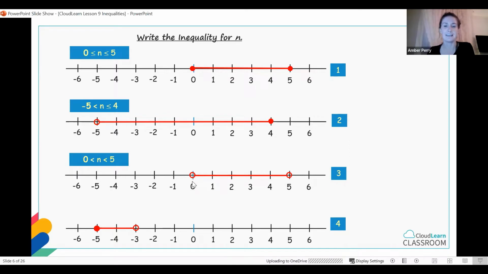We have n is greater than 0 and less than 5, neither of them equal to there. And this final one, we should have it's greater than or equal to -5, but less than -3, okay? It can get a little bit confusing with negatives. And remember that obviously -3 is greater than -5. So it's easy to see on the number line, but sometimes people do get muddled up with those when working with inequalities. So just consider a number line if you need to for those kind of things.